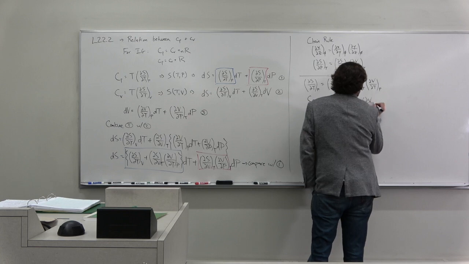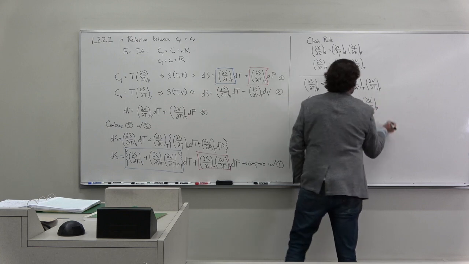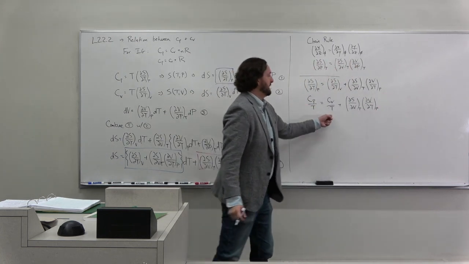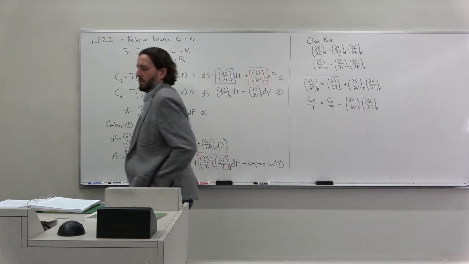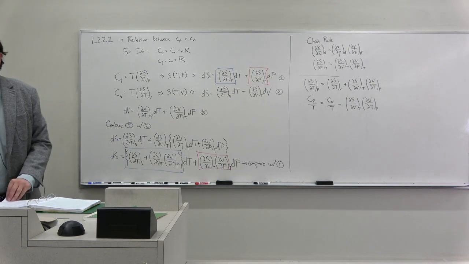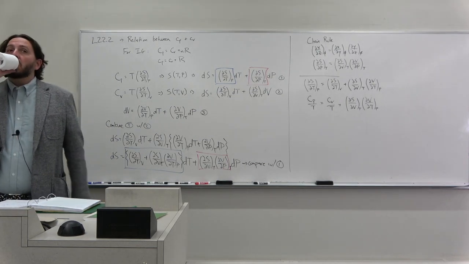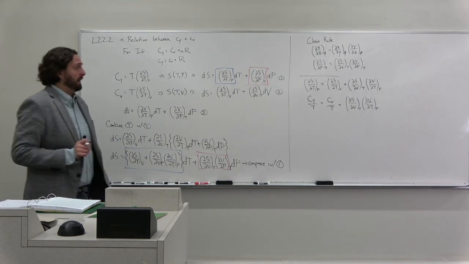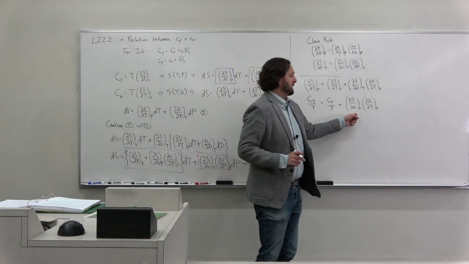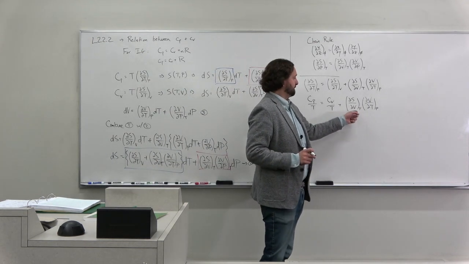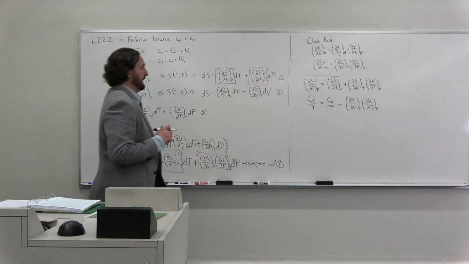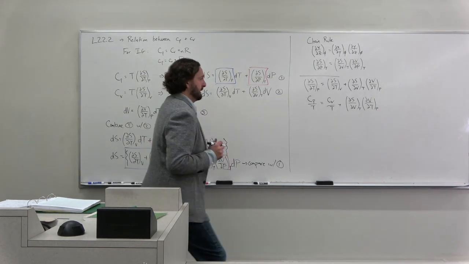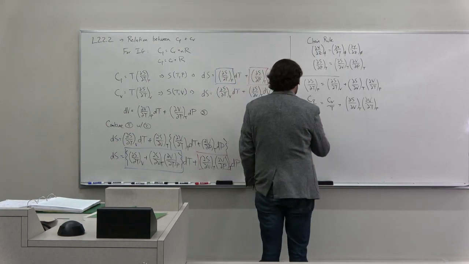So this is already pretty awesome because we've got our relationship between CP and CV, but now we want to inspect this term. So what is that term all about? Well, again, this term that has to do with the entropy changing with respect to V is hard to grasp, right? So let's use a Maxwell relation.